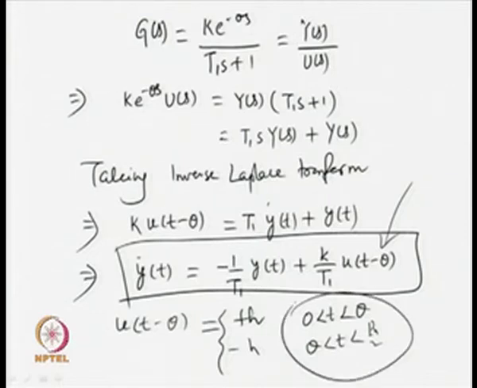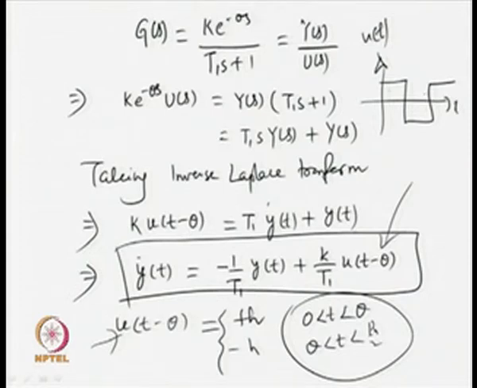What ultimately we find, interestingly, is that the input signal assumes either positive h or negative h values. As has been stated again and again, the input signal is given by rectangular pulses of either positive h or negative h. So, that way we get two piecewise constant values for the input.